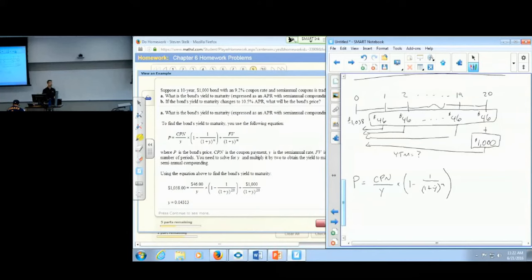That's the present value of an annuity formula. Nothing new there. And then we're going to add to that the lump sum at the end, so the face value divided by 1 plus y to the n. This is the formula for the price of a bond.